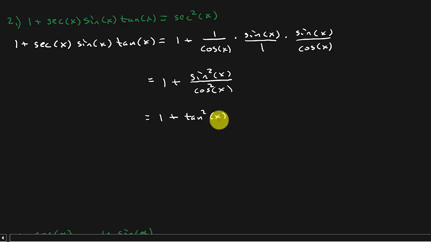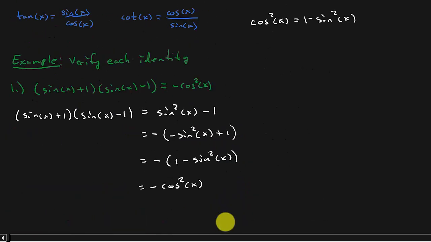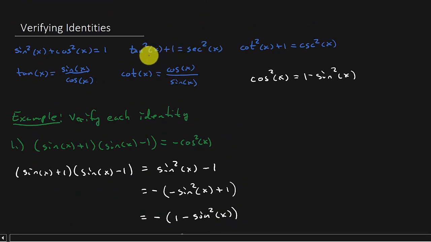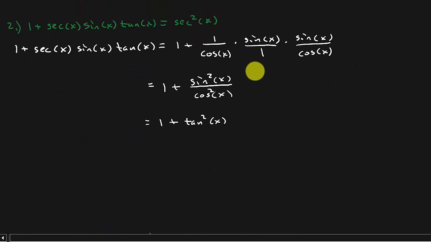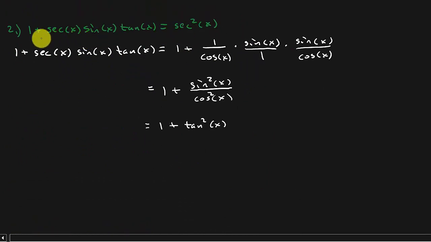Now, what is 1 plus tangent squared? Well, remember, 1 plus tangent squared, or tangent squared plus 1, it doesn't matter which one's first, is equal to secant squared. Well, what are we trying to verify? We're trying to verify that this is equal to secant squared, and we can see that 1 plus tangent squared is secant squared. All right.